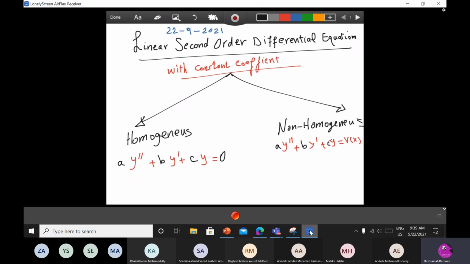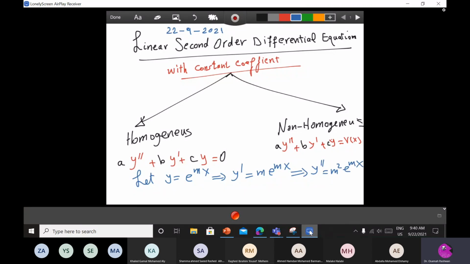Okay, how to solve the homogeneous one? Easy. If you let the solution y equal to e to the mx, of course, when you differentiate, you will have y dash equal to m e to the mx. Differentiate again, y double dash is m squared e to the mx.